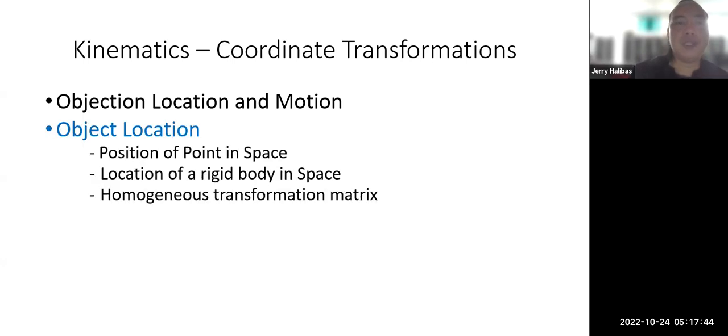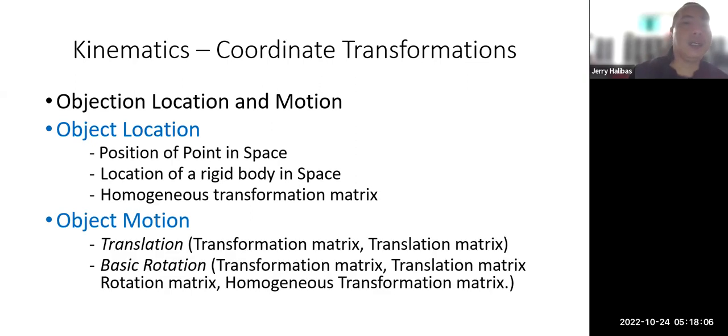So when you say object location, this is the position of the point in space as well as the location of a rigid body in a space. Okay, so later it will be shown that it can be represented by transformation matrix as well as the object motion, no?